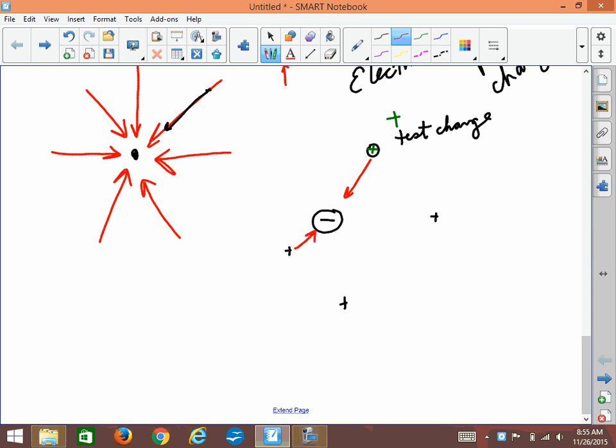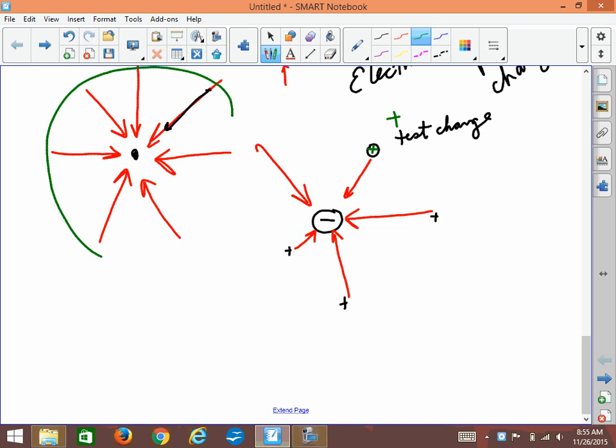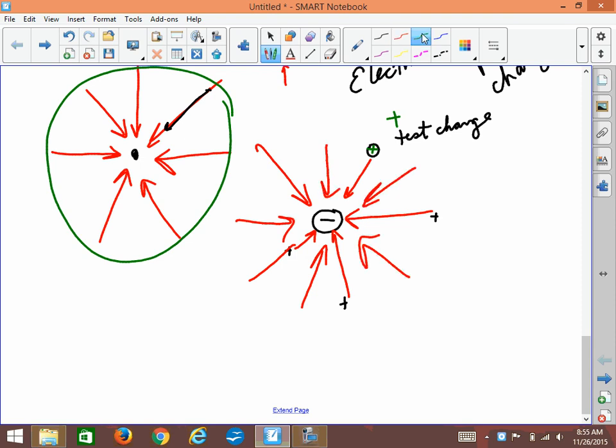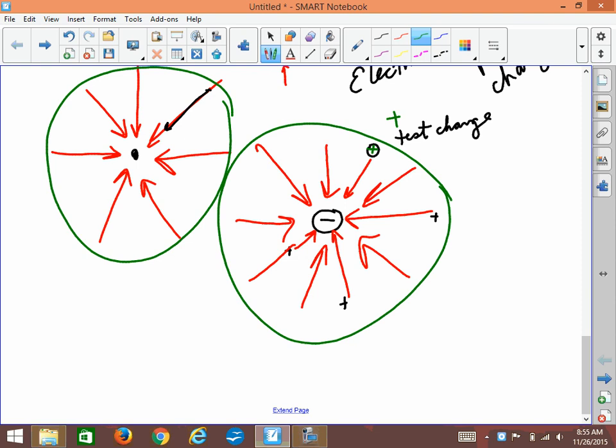And so this field would look very similar to the gravitational field that we drew over here on the other side. Here's the gravitational field around Earth that's based on mass, and if I keep drawing this, I could have a picture that looks almost identical, and this would be the electric field around an electron.